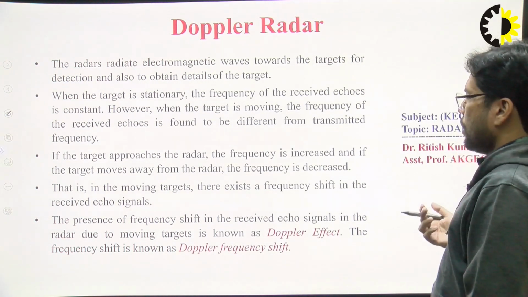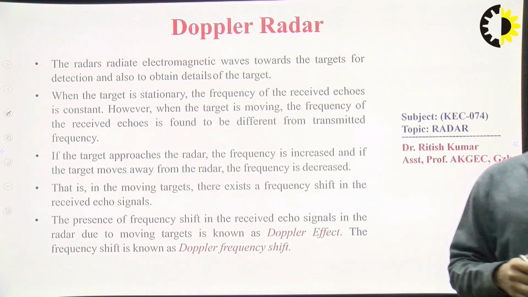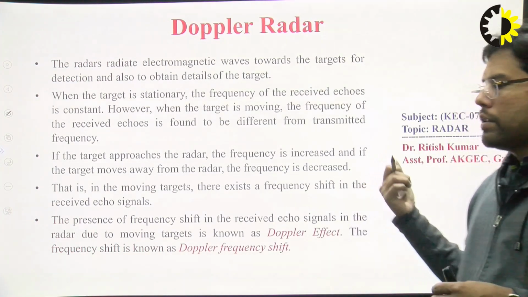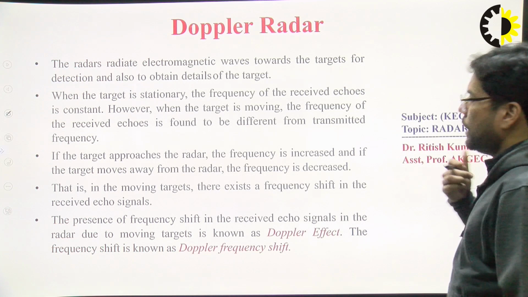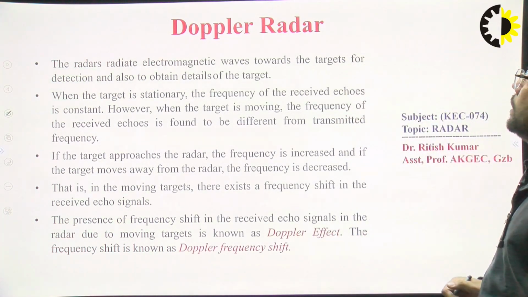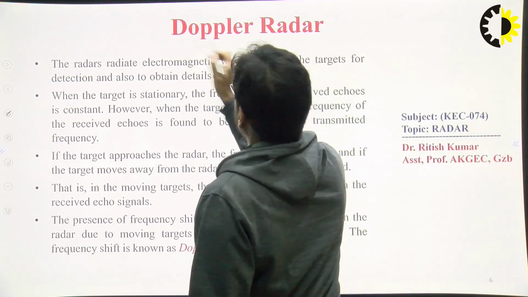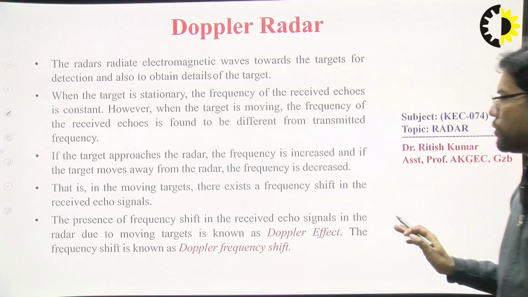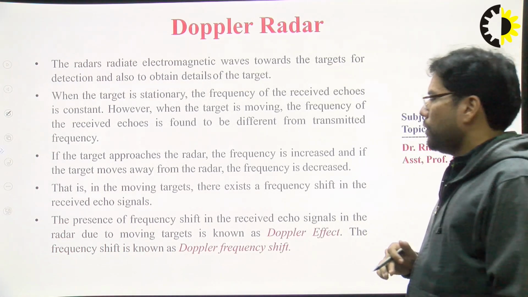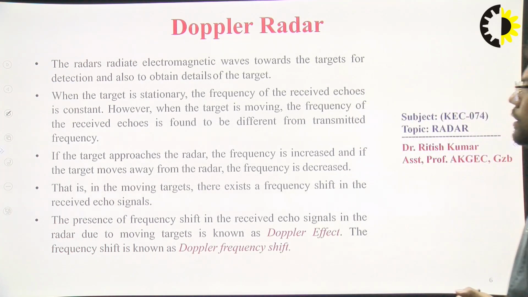If the target is moving away from the receiving antenna, then the received frequency will decrease. That is the basic phenomenon in the radar, and this is known as the Doppler effect. In terms of frequency, we also say Doppler frequency shift.